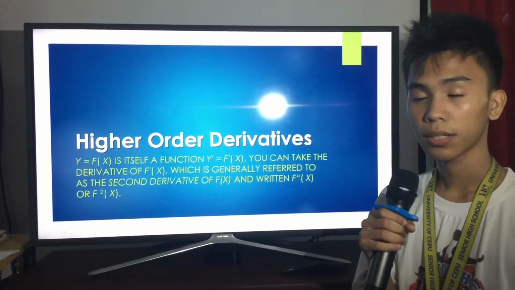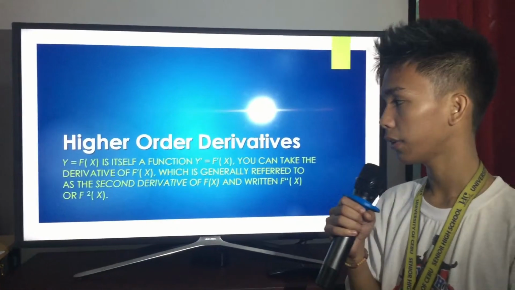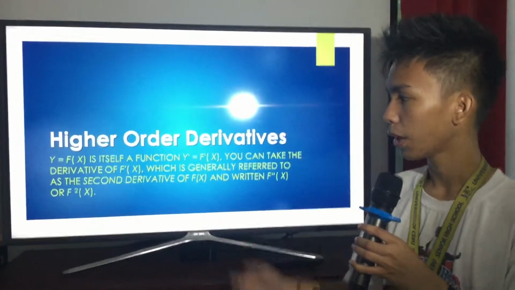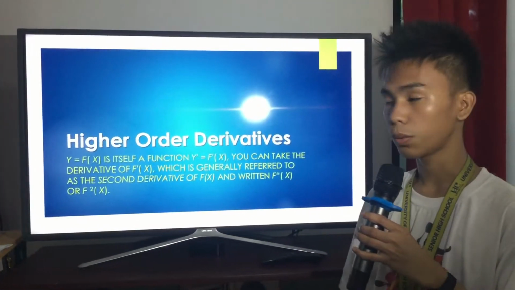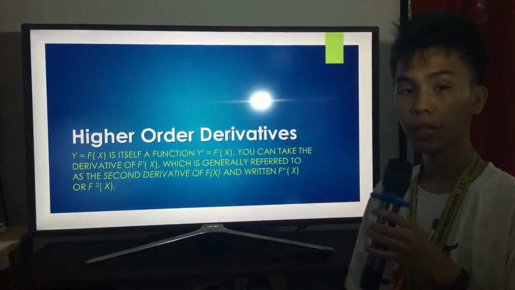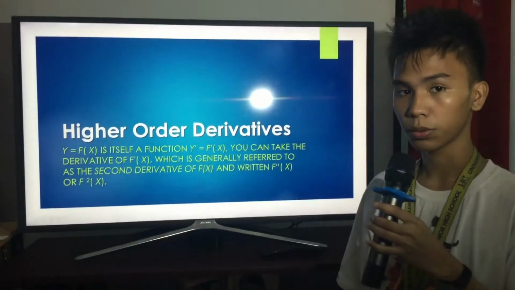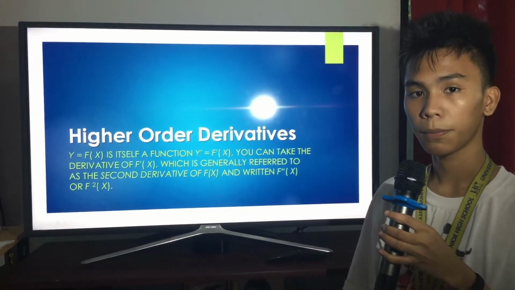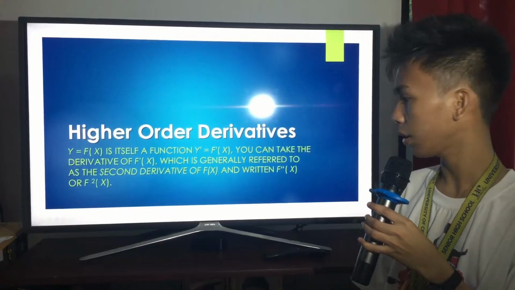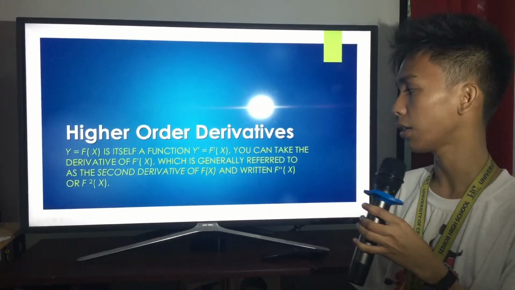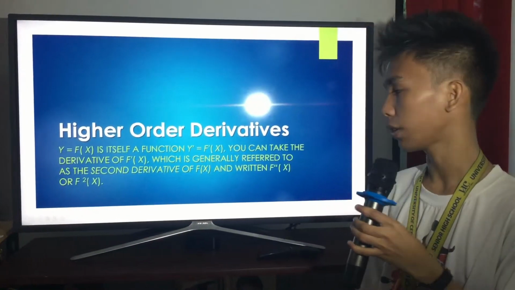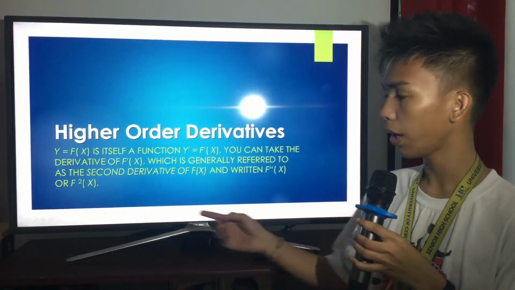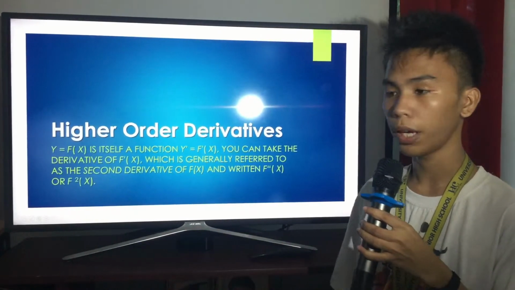Let us move on to the next topic, which is the higher order derivatives. We have here a definition of higher order derivatives. Let us read. y is equal to f of x is itself a function. y prime is equal to f prime of x. You can take the derivative of f prime of x, which is generally referred to as the second derivative of f of x, and written f double prime of x.